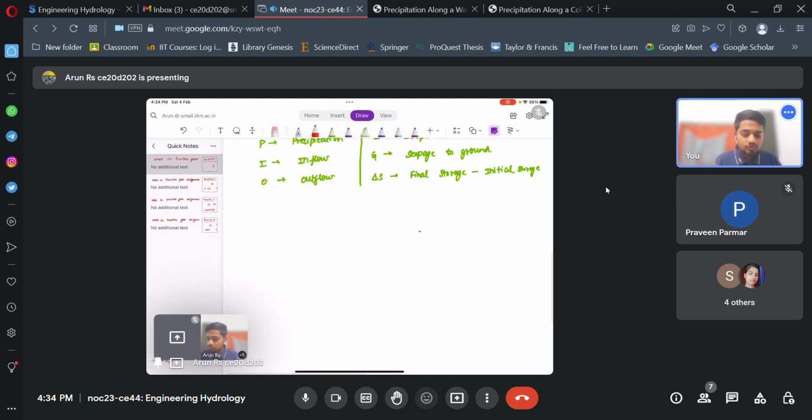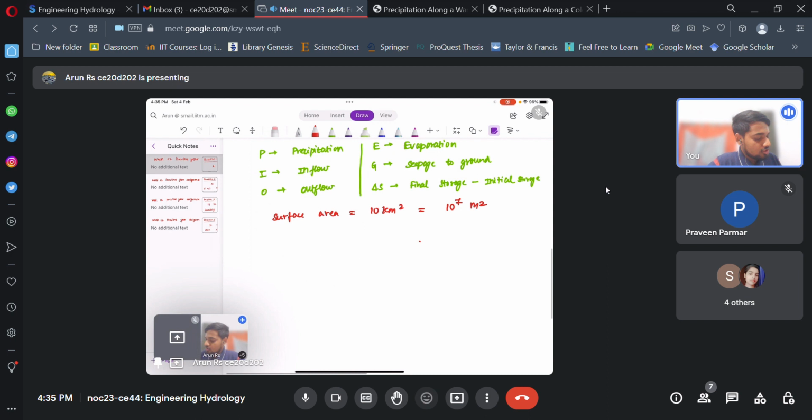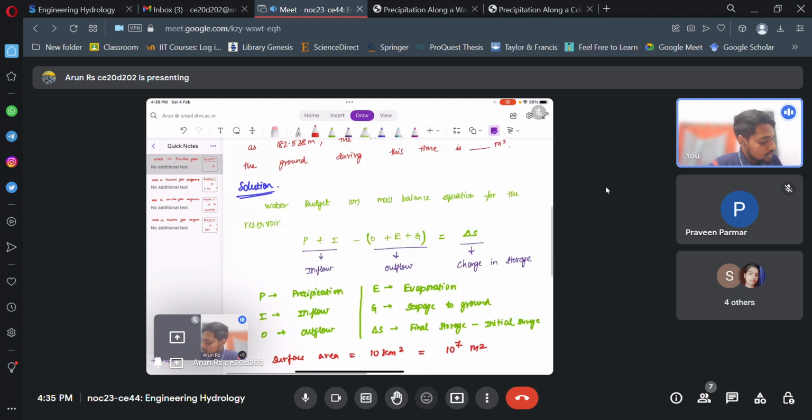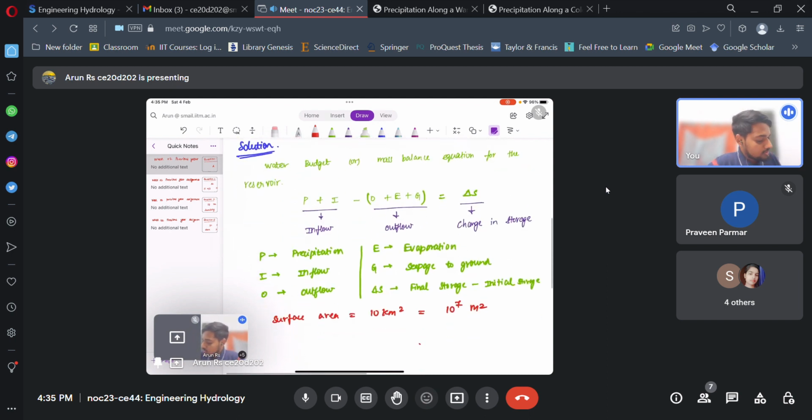Now the surface area of the reservoir is given as 10 kilometers square, which can be written as 10 power 7 meter square. Since we need our final answer in terms of volumetric unit, we'll convert all the terms in this mass balance equation into volumetric terms.